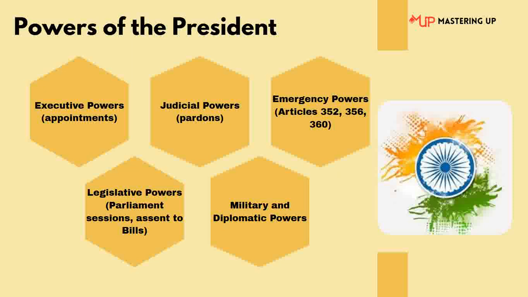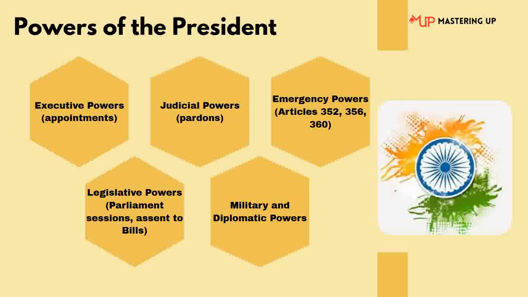Judicial powers: can pardon or commute sentences. Emergency powers are crucial during crises like war, state breakdown, or financial instability. Despite all these powers, their use is tied to ministerial advice.